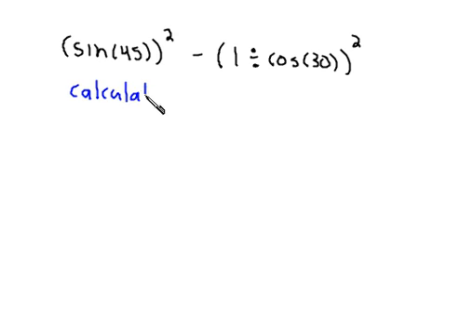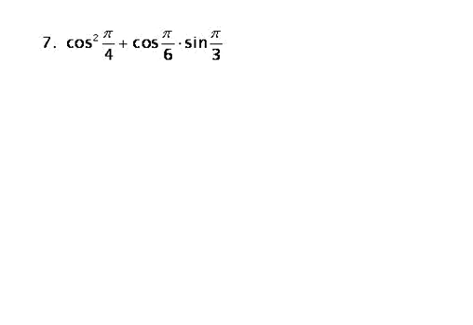And let's take a look at one more, then we can be done with it. So this one is looking pretty messy, but it's not that bad because it's all quadrant 1. And again, I will write this as the cosine of pi over 4, in a more conventional exponential way. And this is a multiplication question. So that cos of pi over 6 times the sine of pi over 3. So the cosine of pi over 4 is in quadrant 1.